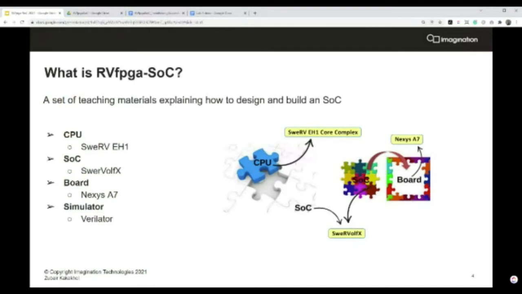We take a popular board, the Digilent Nexys A7, and a simulator, Verilator. The CPU, the SoC, the simulator, all the source code is readily available, and the board is quite readily available as well. The set of teaching materials uses these as a reference, but the material taught is flexible, and there are components you can move around.